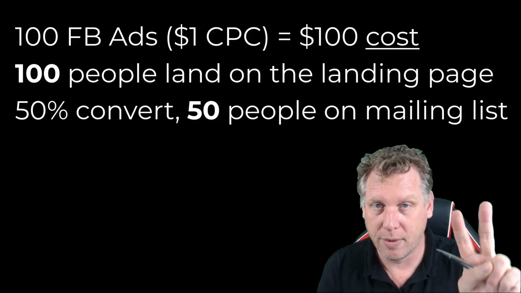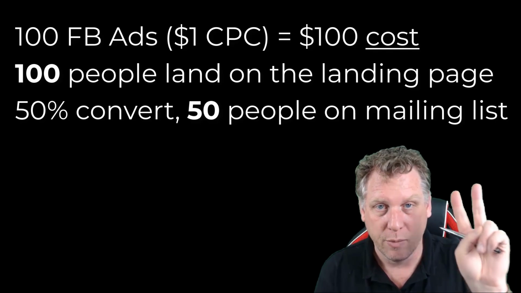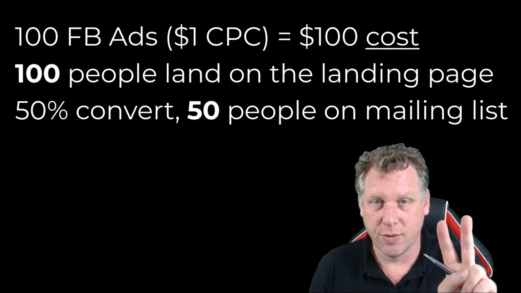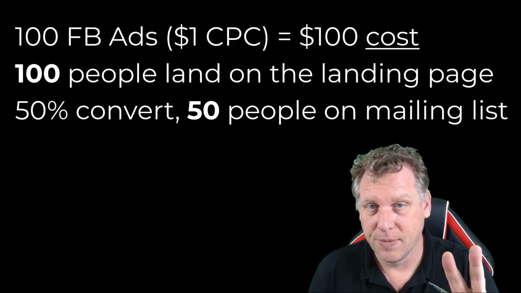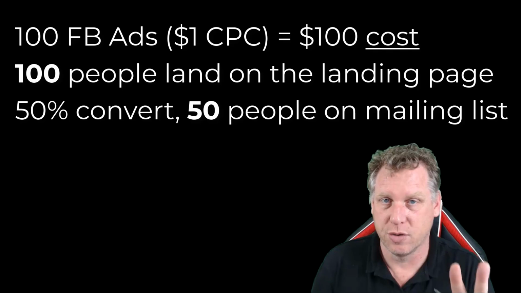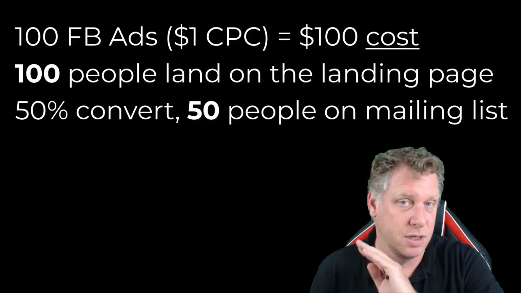We've got 50 people into our funnel, and all we've got to do is convert 2 of those. Now, 2 of those is, what's that, 4%. A 4% conversion rate. Now, if you can't do that, your business model is not working.